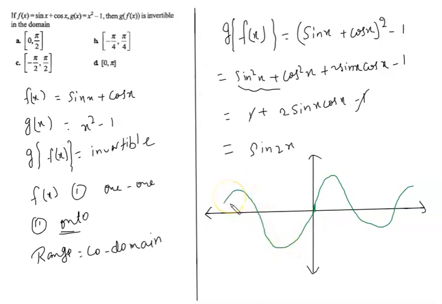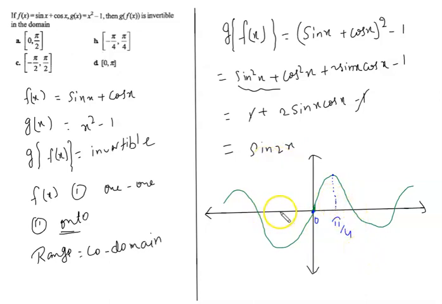For sin 2x, at 0, sin 2x is equal to 0. But we get the value 1 at pi by 4, because when we put pi by 4 instead of x, 2x becomes pi by 2, and sin pi by 2 is equal to 1.